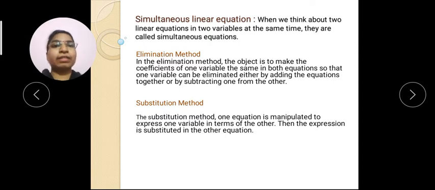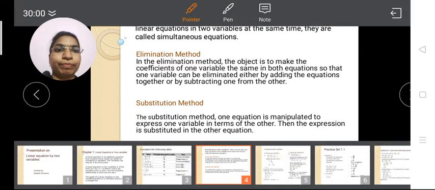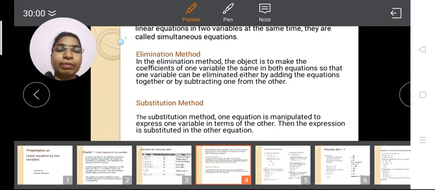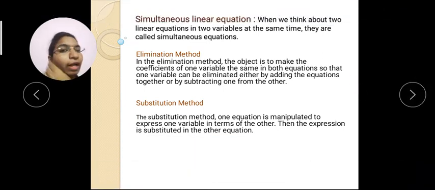To solve these simultaneous linear equations, we have two methods. First is the elimination method and second is the substitution method. To solve means to find the values of both the variables given in the equations. Okay, so this is the elimination method. In the elimination method, we try to eliminate one variable by simply adding or subtracting the equations.